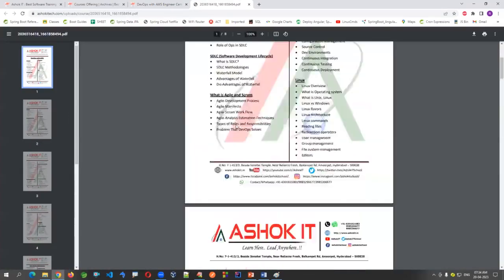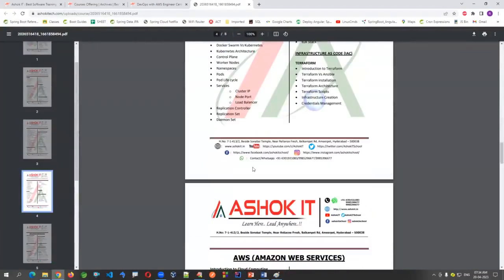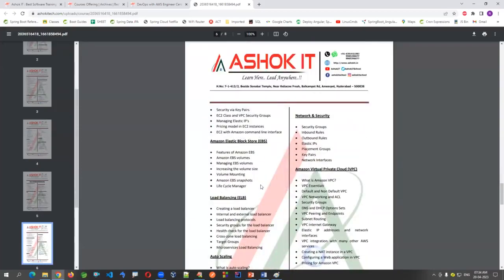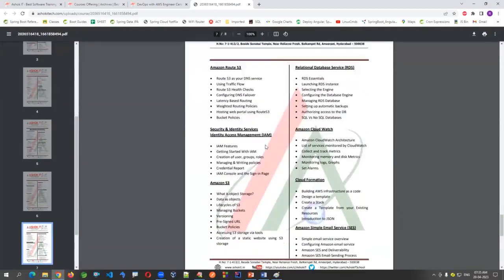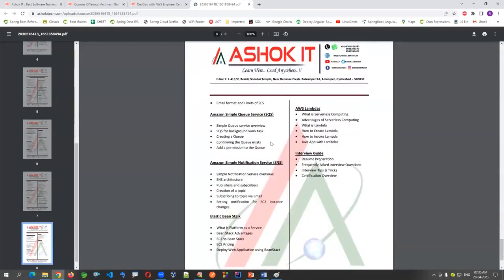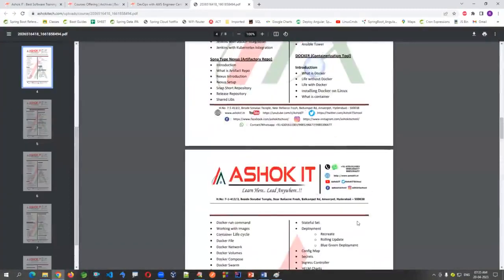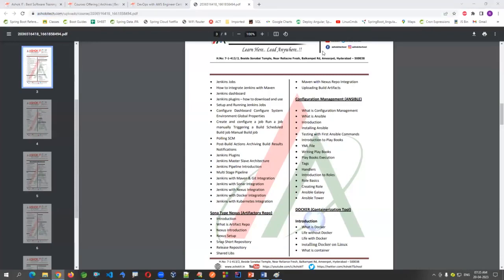You can see everything: Terraform, AWS, Amazon Machine Images, EC2 instances, EBS, ELB, auto scaling, VPC, network security, Route 53, RDS, IAM, CloudWatch, S3, CloudFormation, SES, SQS, SNS, Lambda, and even the DevOps tools. Try to click on this link if possible. I'll ask the admin to send this to your email today.